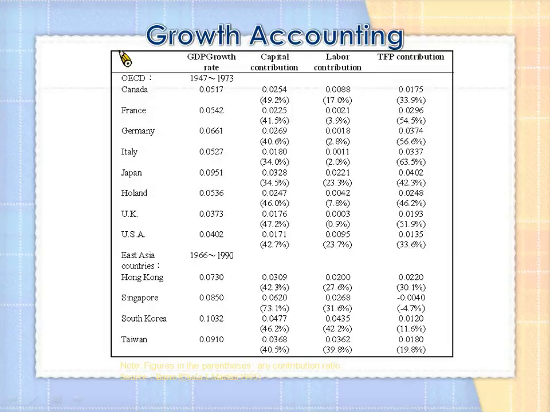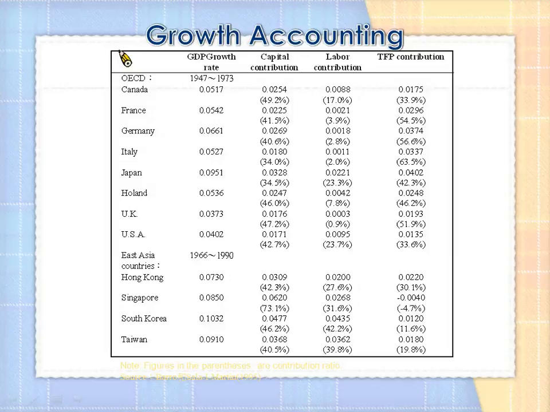So you can see from here that capital accumulation contributes somewhere about 40%, and TFP contributions are around 50%, even 63 for Japan, and 33 for France, 34% for Canada, France 45, 46 for Germany, Italy 63.